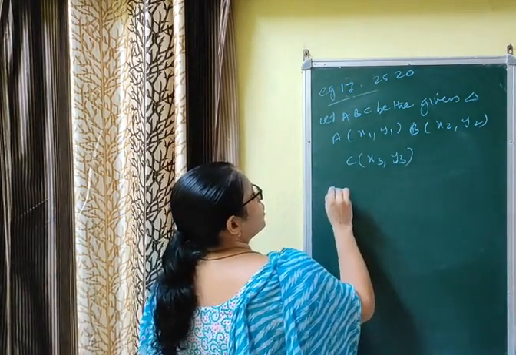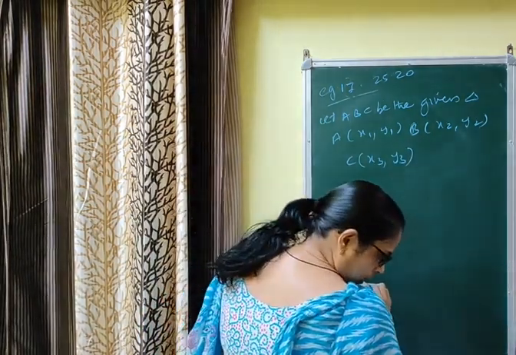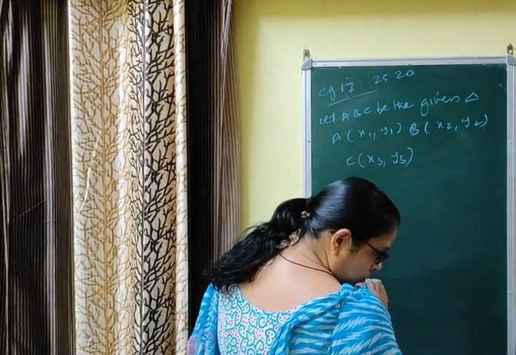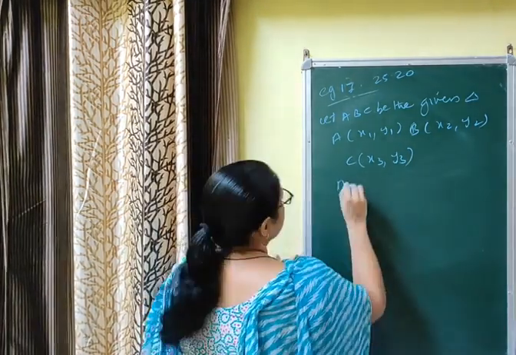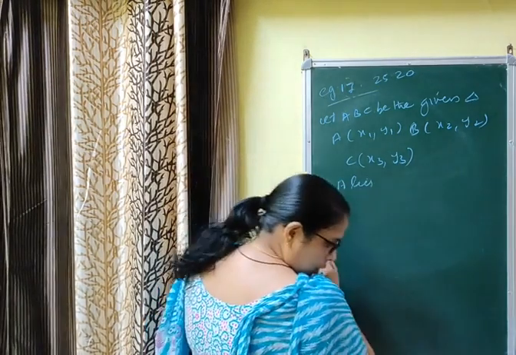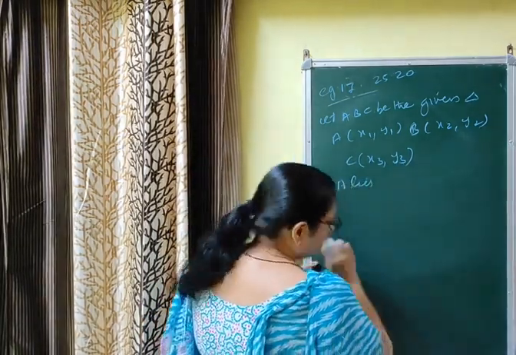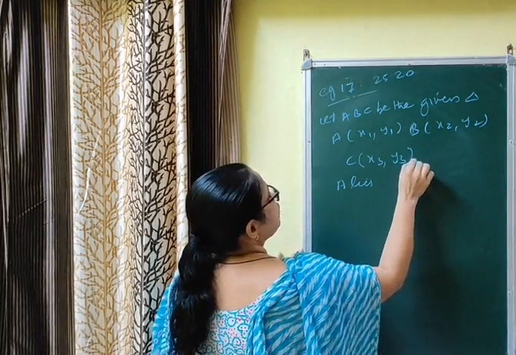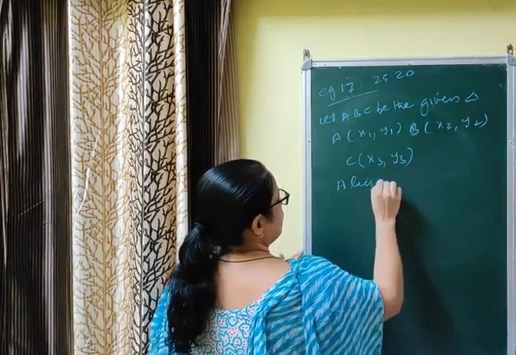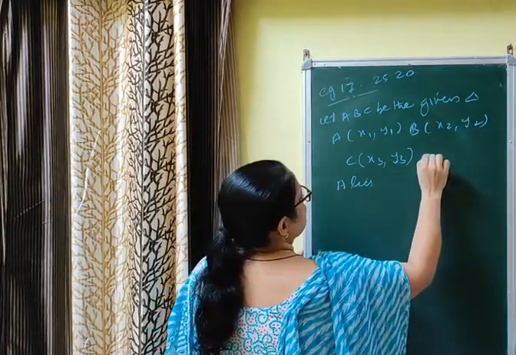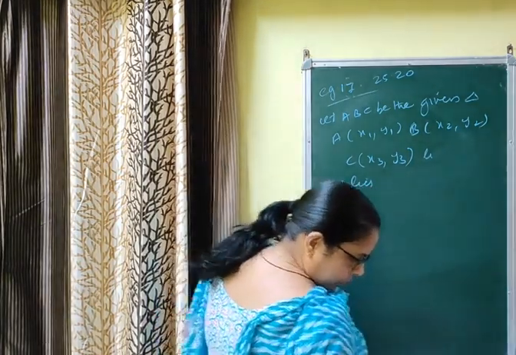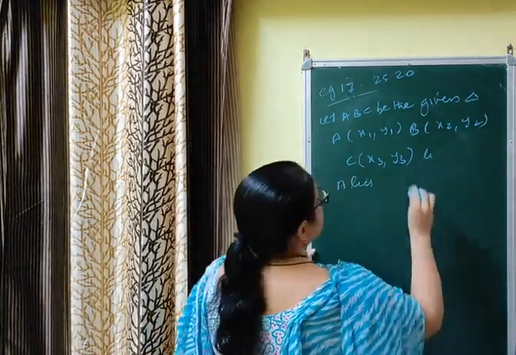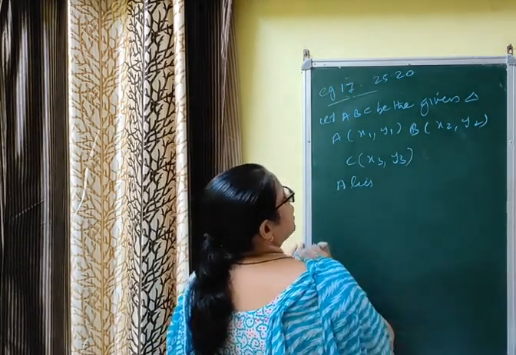Now you are given that y1, y2, y3 are the ordinates of the vertices which lie on the parabola.